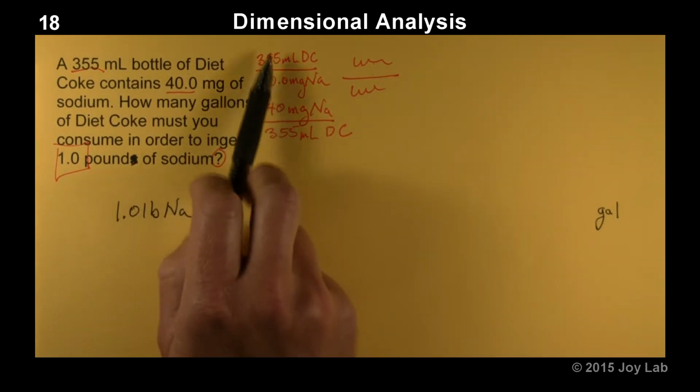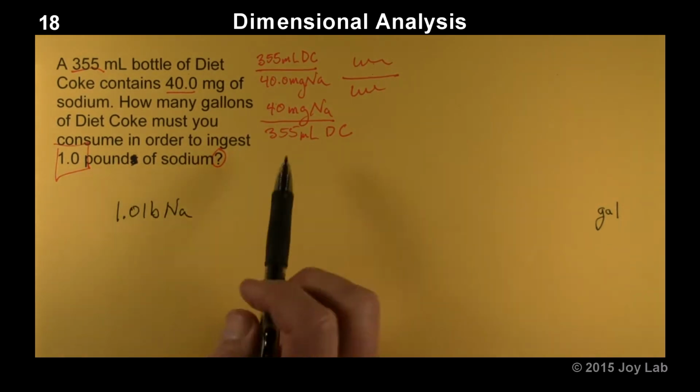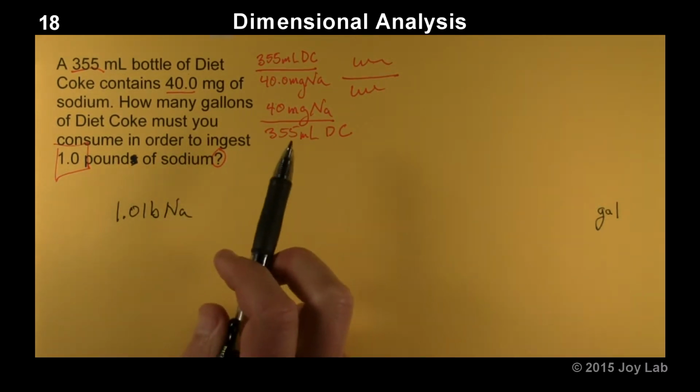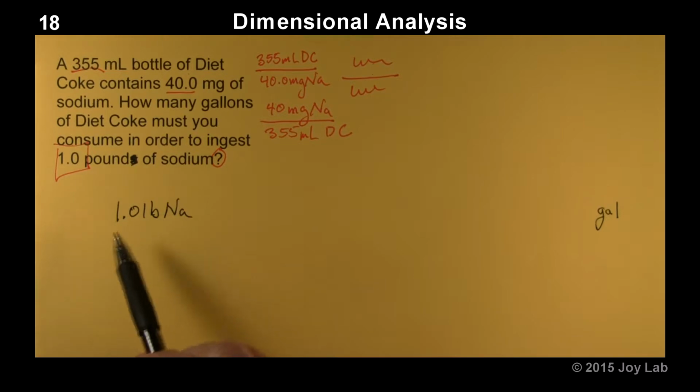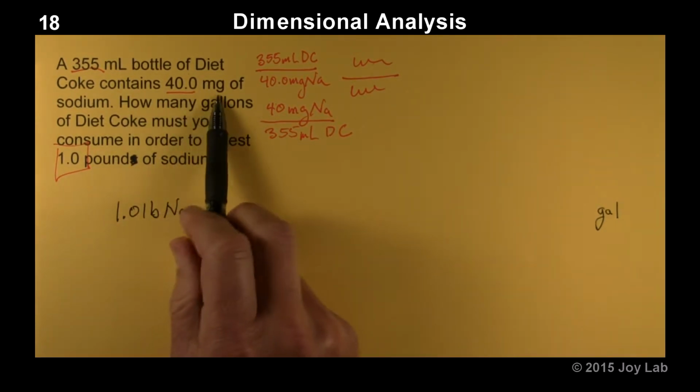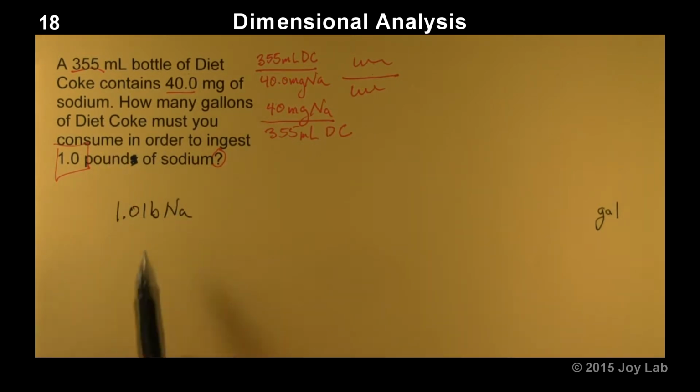That's our ticket here. It's this conversion factor. So before we can use this conversion factor, we have to get our mass units into the same mass unit. So if we have 40 milligrams of sodium, I'm going to have to get this thing into milligrams. If I knew how many milligrams of sodium there were in a pound, it would be one step. But I don't keep that kind of stuff in my head.